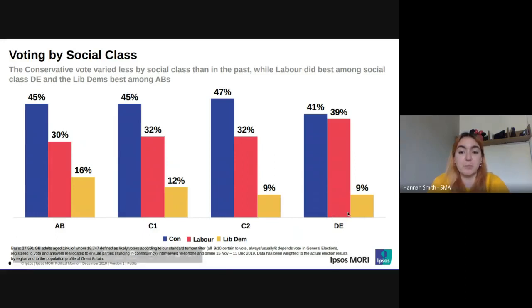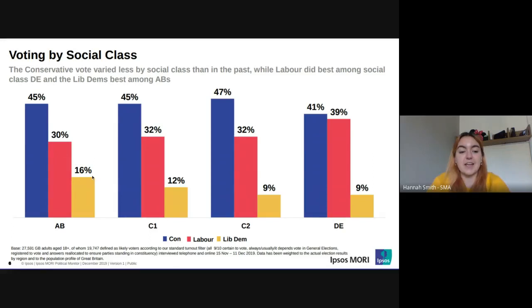Apart from the Labour Party, but if you look, AB, 45% voted Conservative. C1, 45% voted Conservative. C2, 47% voted Conservative. DE, 41%. So every social class category had over 40% of their group voting for the Conservatives.